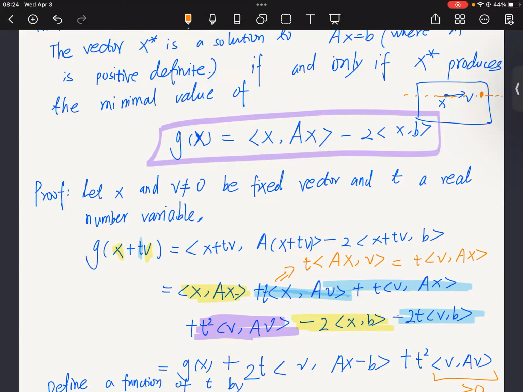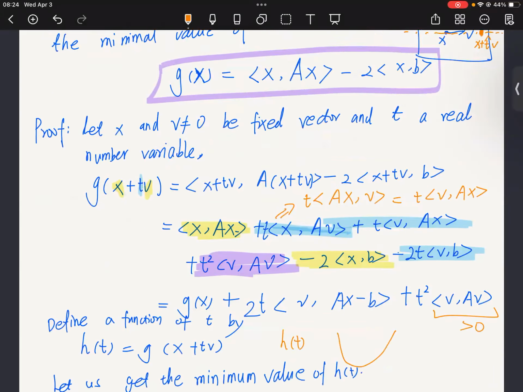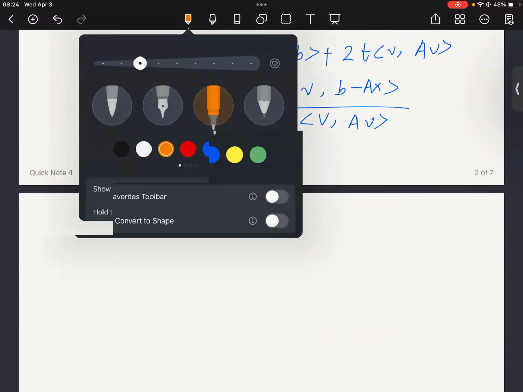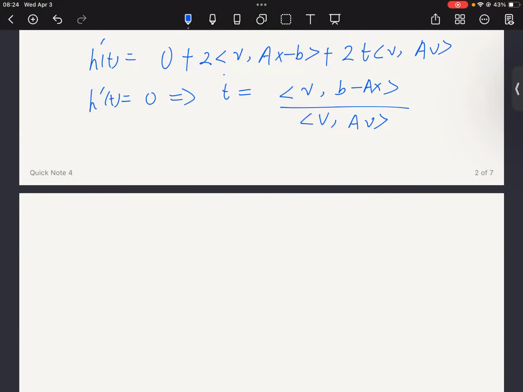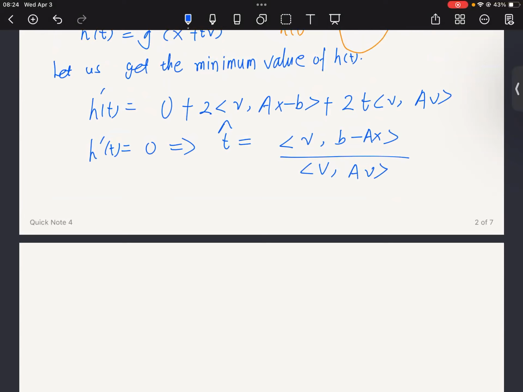And the minimal value should be at x plus t hat times v. And what is the t hat here? This is the t hat, the minimal point of the h(t) function. Does that make sense? So we are calculating the minimal value of g(x) in one fixed direction, if the x point is given.